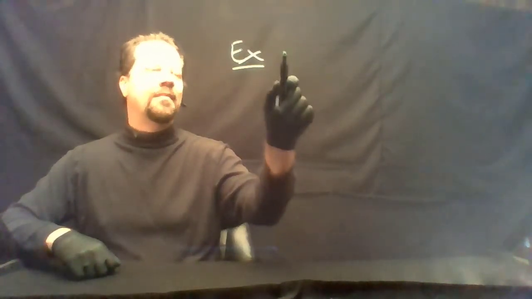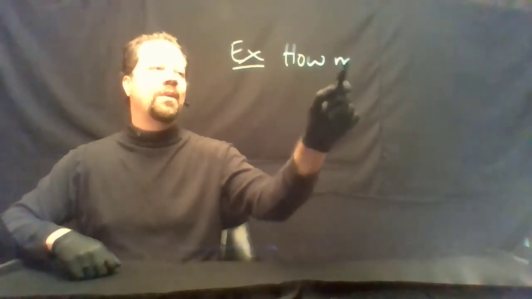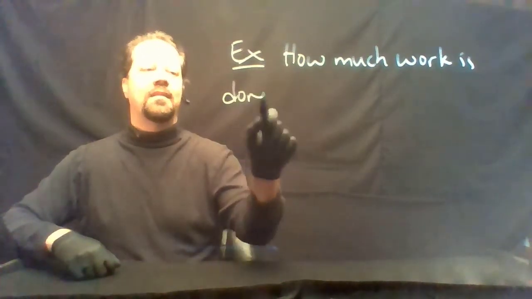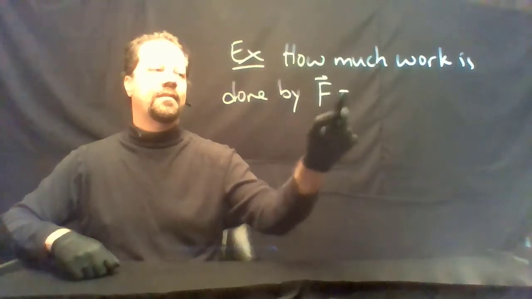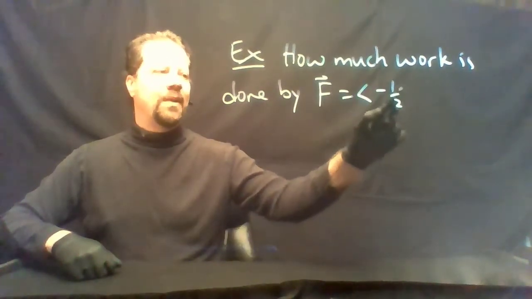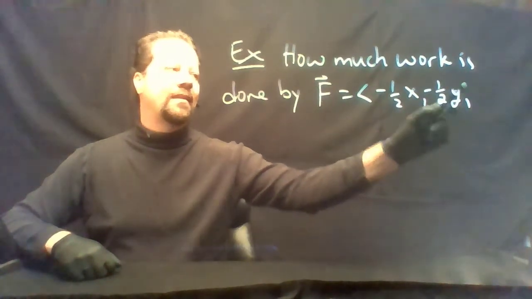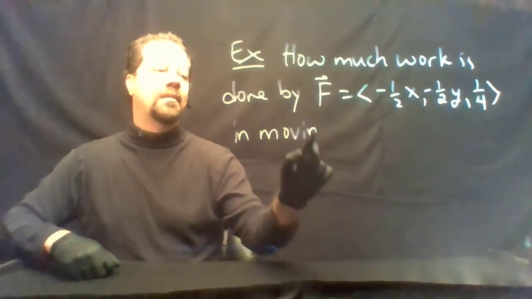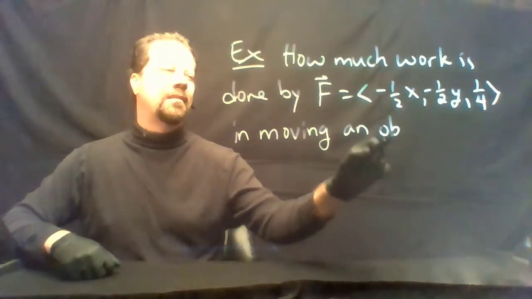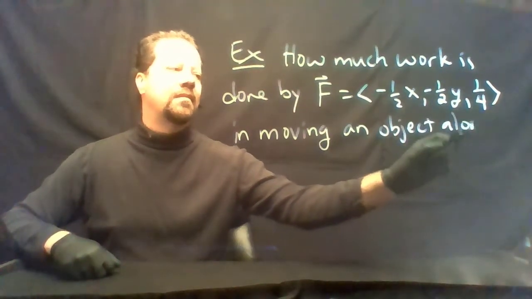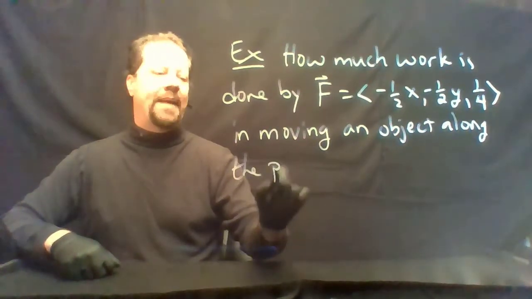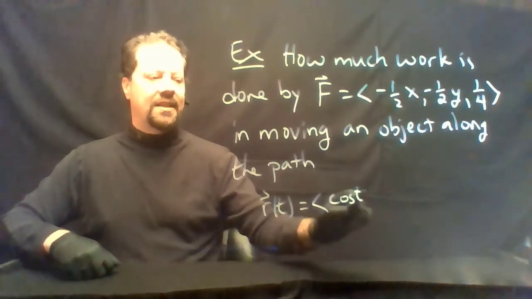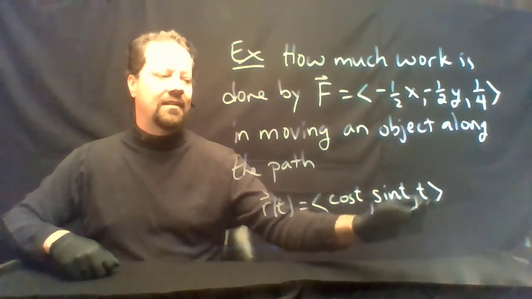As an example, let's find how much work is done by the force field minus 1/2 x, minus 1/2 y, 1/4 in moving an object along the path cosine t, sine t, t.